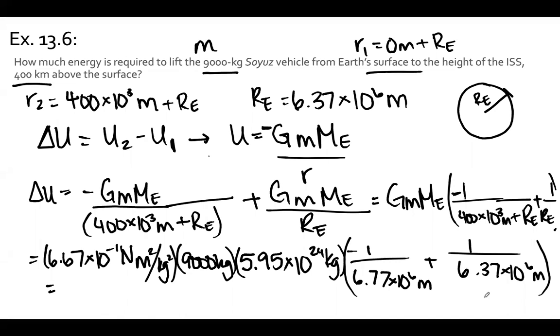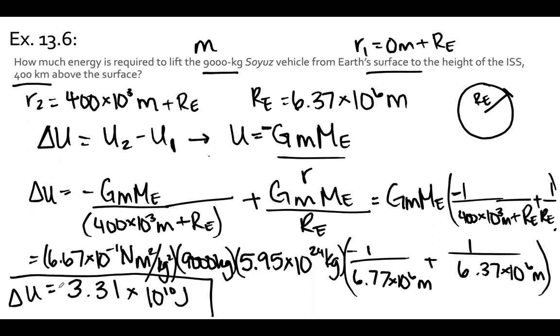So our change in gravitational potential energy is going to be 3.31 times 10 to the 10th, and this is in joules because it is an energy. This makes sense because we have a positive change. Our potential energy becomes greater as we move further away from the surface, which makes sense.